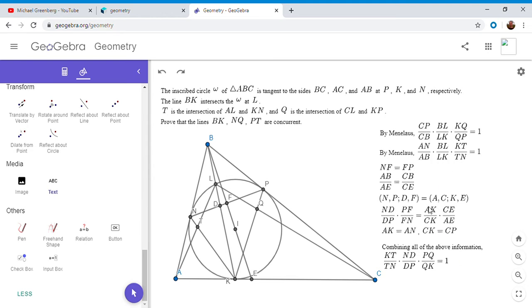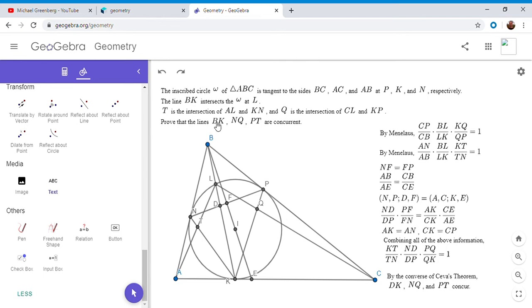And that's why I did all this in the first place, because I was trying to get this equation. And once we have this equation, by the converse of Ceva's theorem, we know that DK, NQ, and PT are concurrent, and DK is the same as BK, so therefore we know that BK, NQ, and PT are concurrent. So that solves the problem.